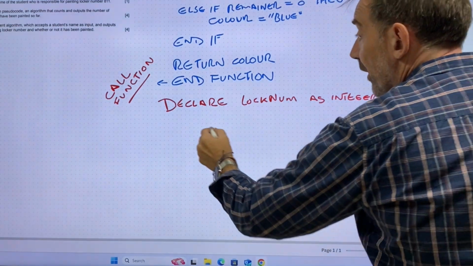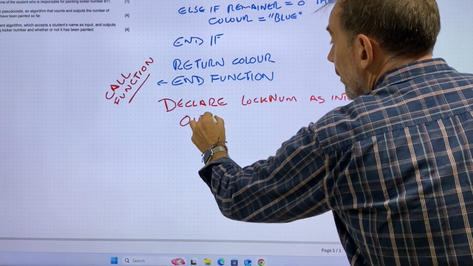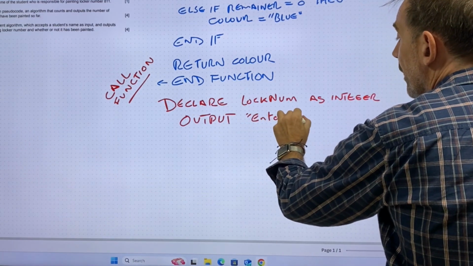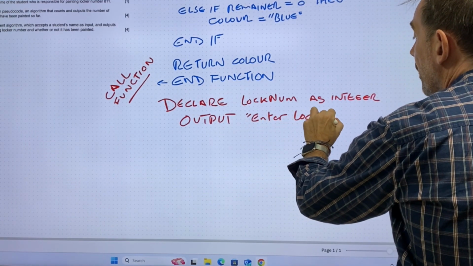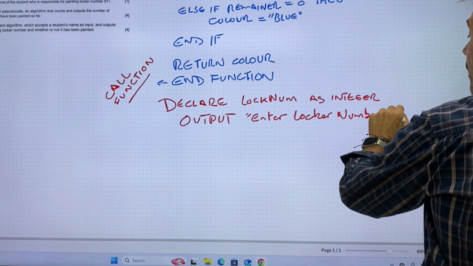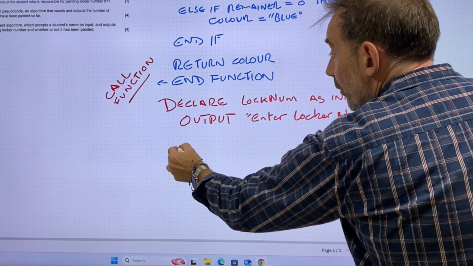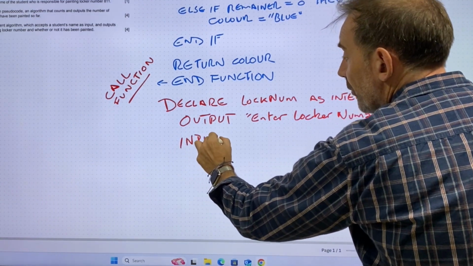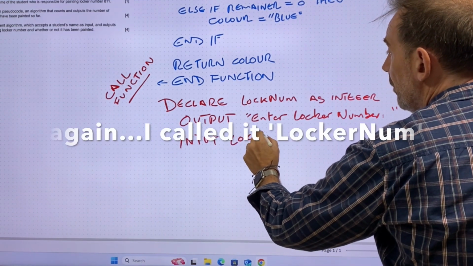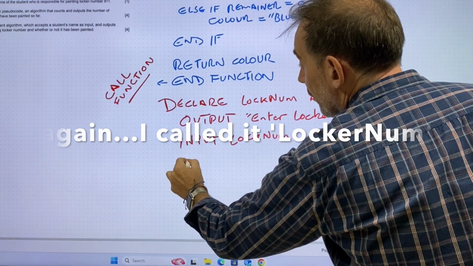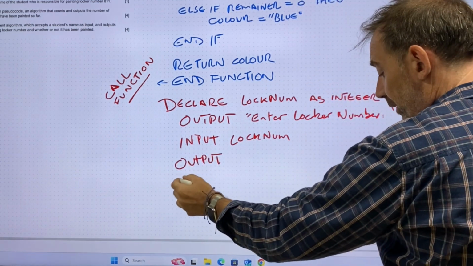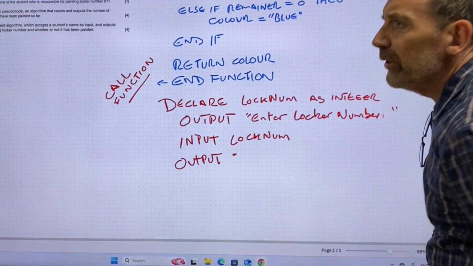And I'm going to output, enter locker number. Input, get the user to input locker lock num, and then I'm going to output another message. Basically, how can we do this?